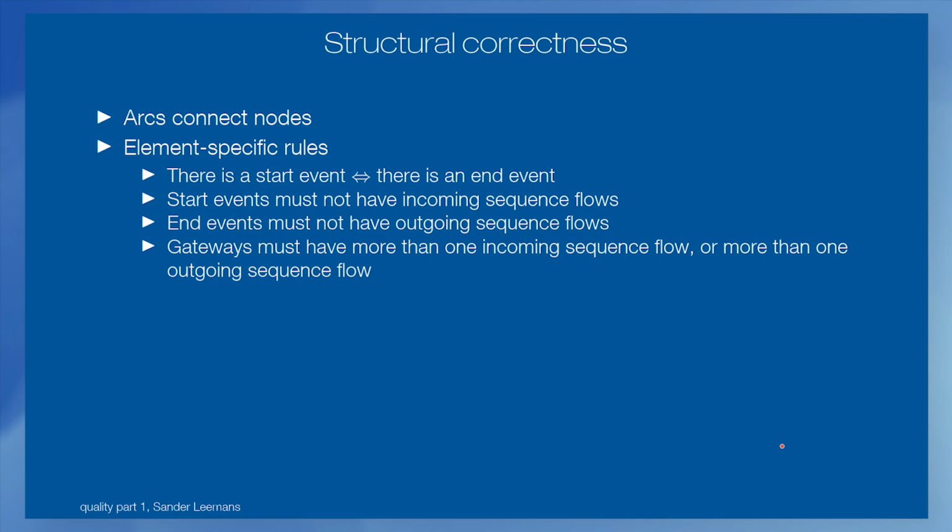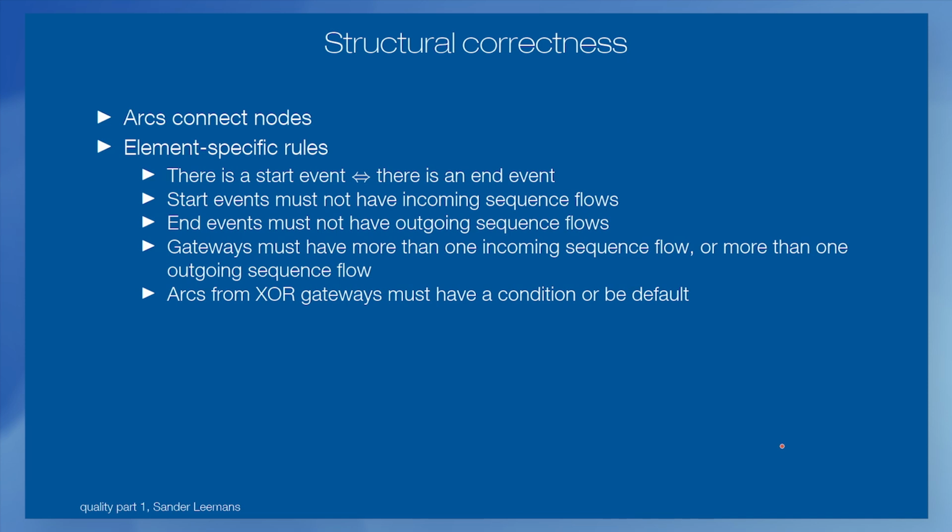Gateways must be proper gateways and not so-called trivial gateways. So gateways must be either a join or a split. They can be both, but if it's neither, with just one incoming and one outgoing sequence flow, then why bother with a gateway? Sequence flows coming out of an XOR gateway must have a condition or be default.